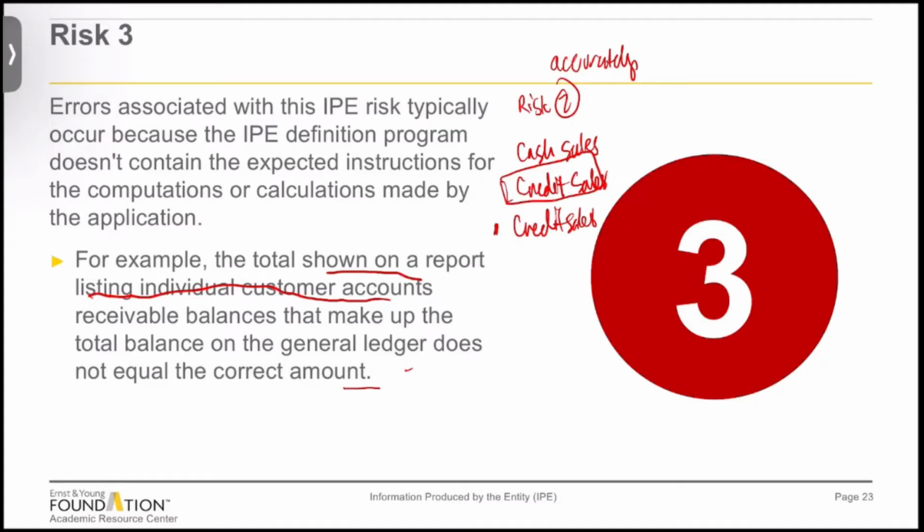So, kahit hindi siya credit card driven, nasama siya doon sa credit sales. So while the report is complete, hindi siya accurately stated as part of the credit card sales. Okay?